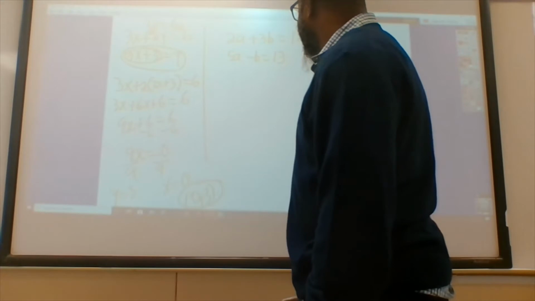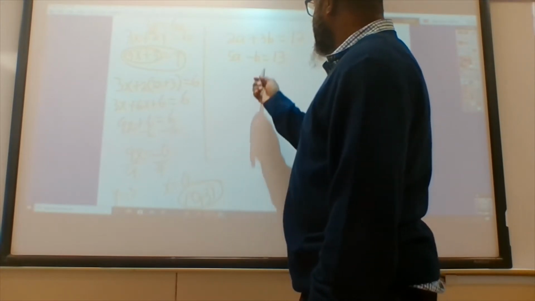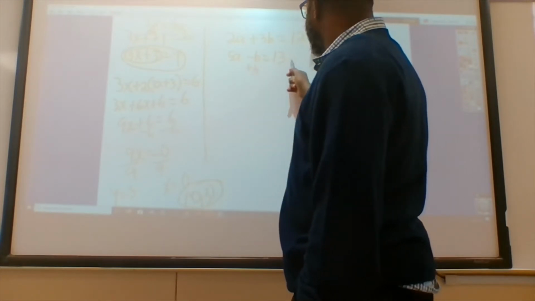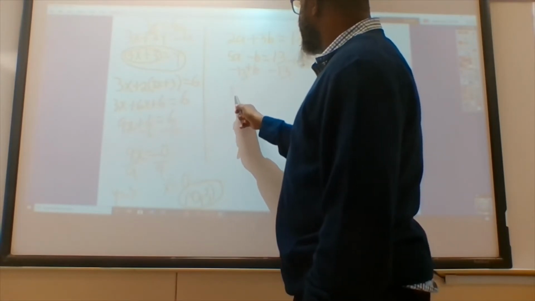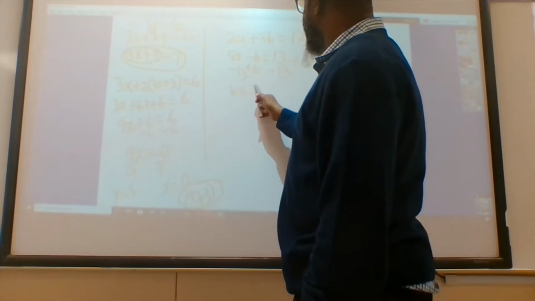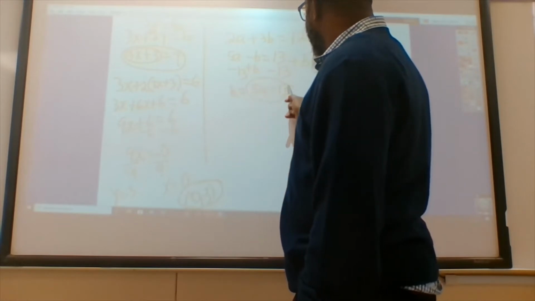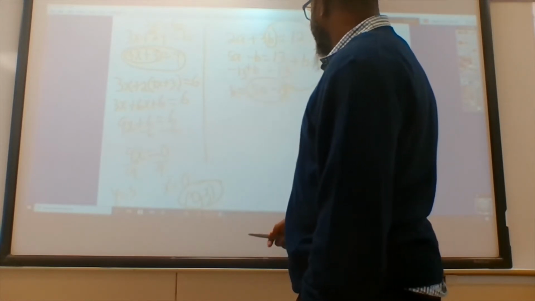In this case, they have not solved for me. It will be easier to solve for b. Then I will have to add b on this side and subtract 13 on this side, and I will have b is equal to 5a minus 13. Then wherever I see b, I'm going to substitute it in the other equation that was left untouched.